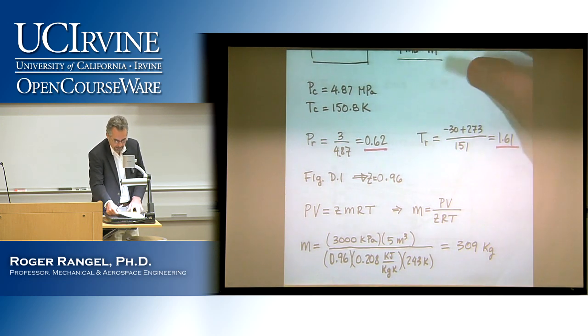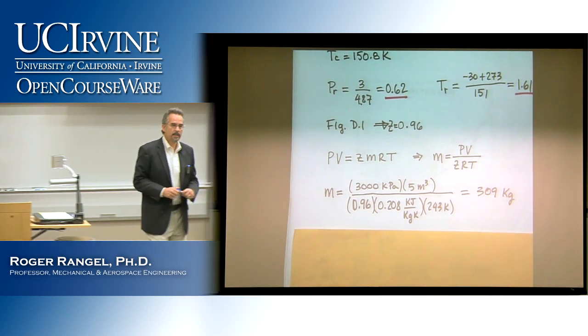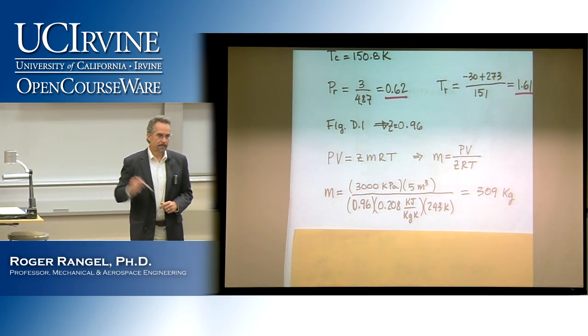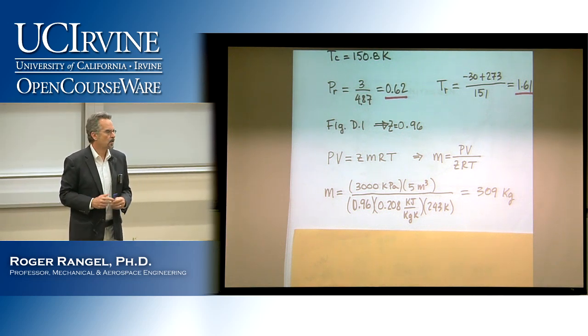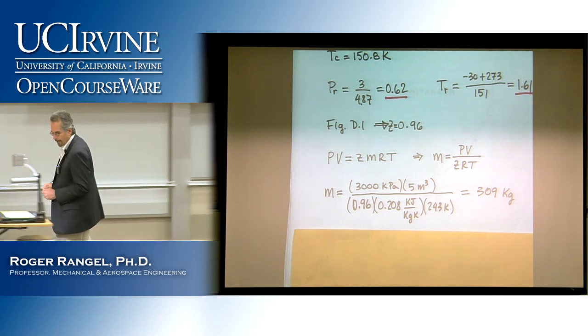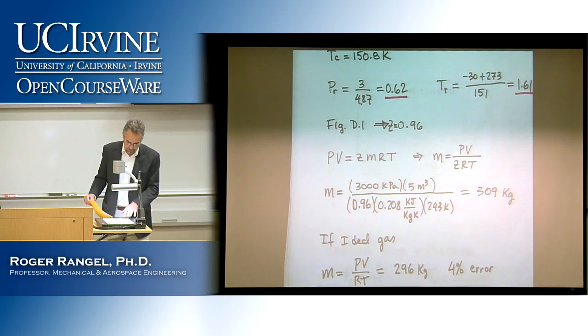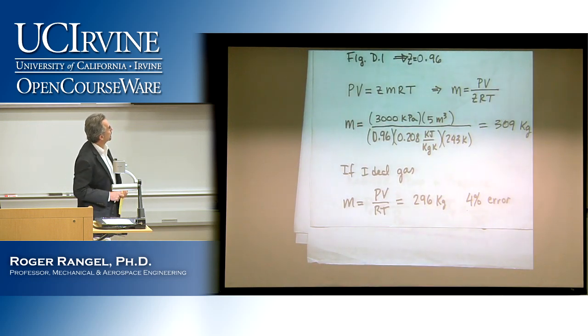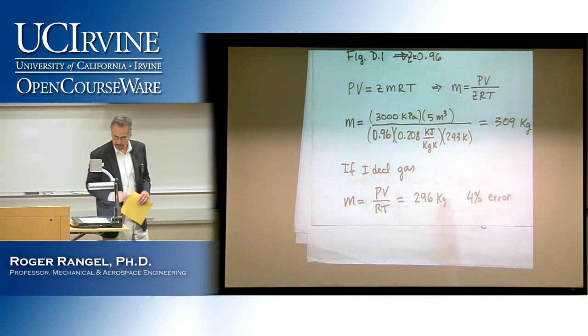I already know what kind of error I'm getting if I had decided not to use the compressibility chart and go ahead and do it with the ideal gas law. What kind of error am I going to have? About 4%. That's obvious because we are 4% away from 1 in Z. So in this case, the error is not big. If you do ideal gas and redo the calculation, instead of getting 309 kilograms, you'll get 296.